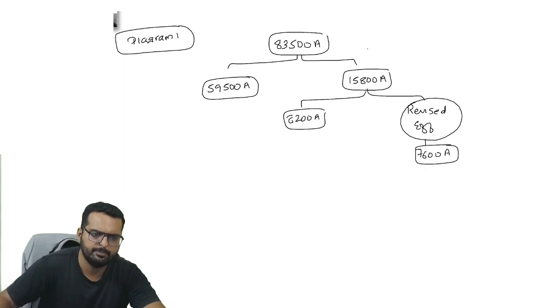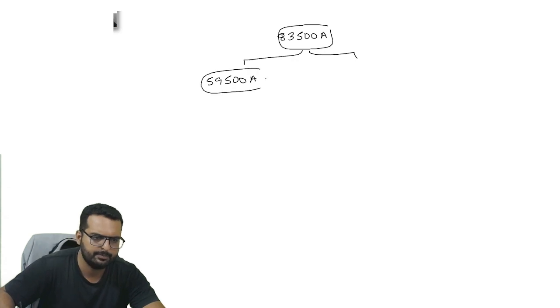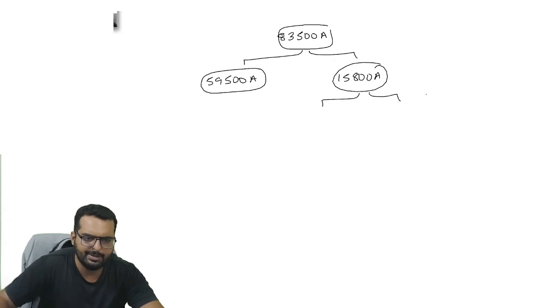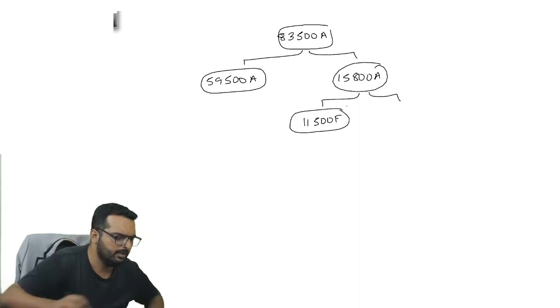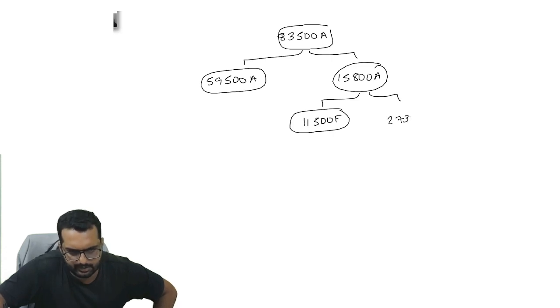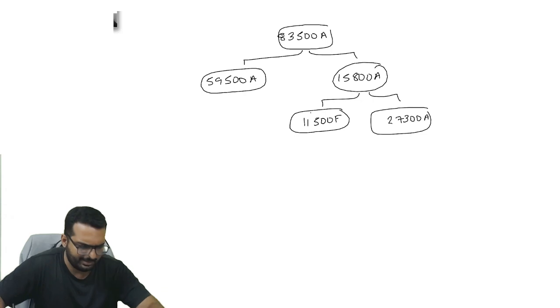This is one way of doing it, or the other way is 83,500 adverse. Then you have 59,500 adverse. Then you have 15,800 adverse. Inside this, you will have mixed variance. How much is the mixed variance? You got 11,500 favorable. So 27,300 adverse will be the yield variance. Did I make any mistake?